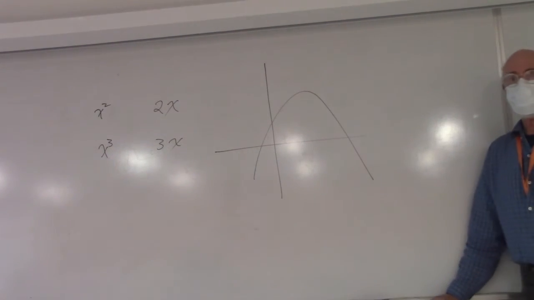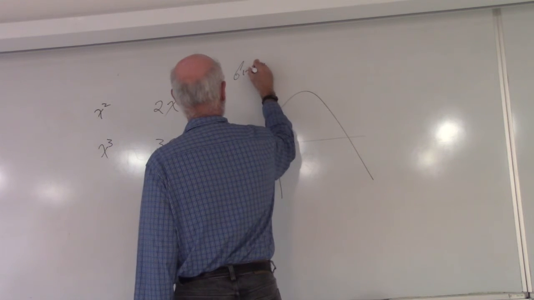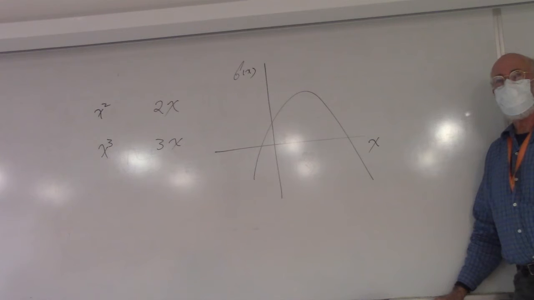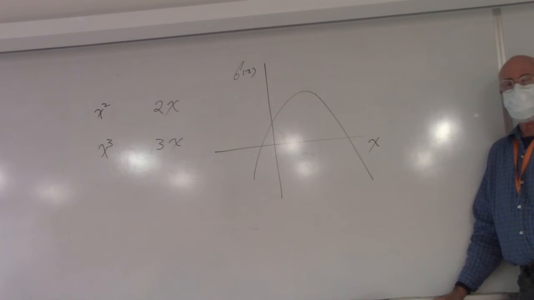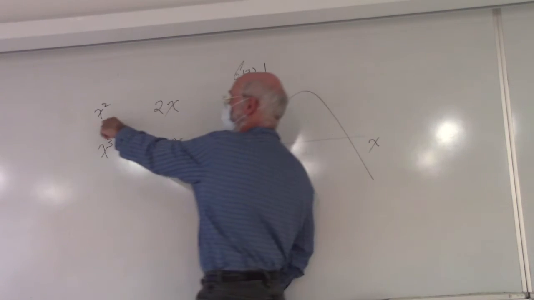What are you doing? So here's f of x, and here's x. What are you doing when you take the derivative of that function? What are you finding? You're finding x squared.